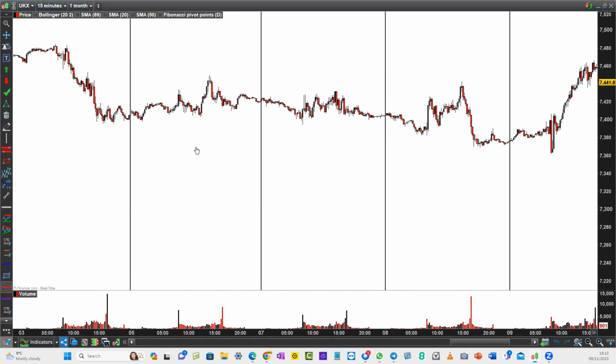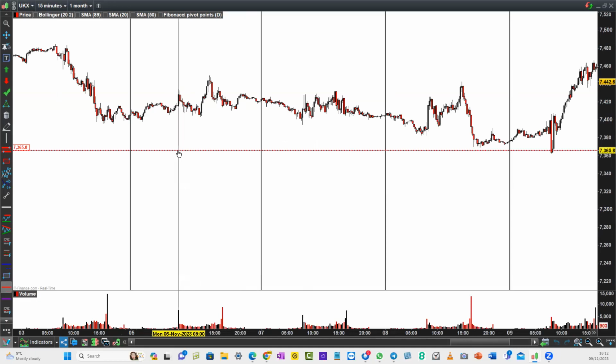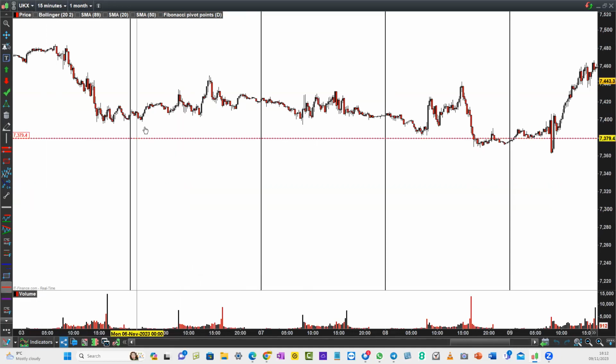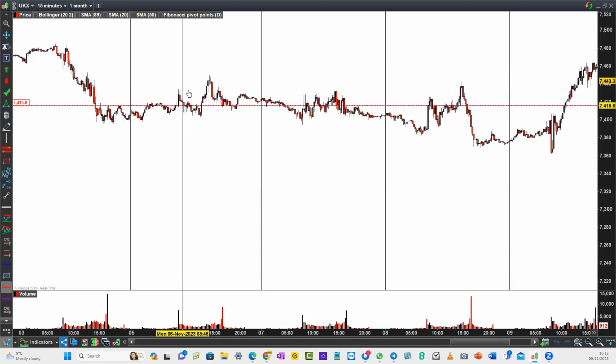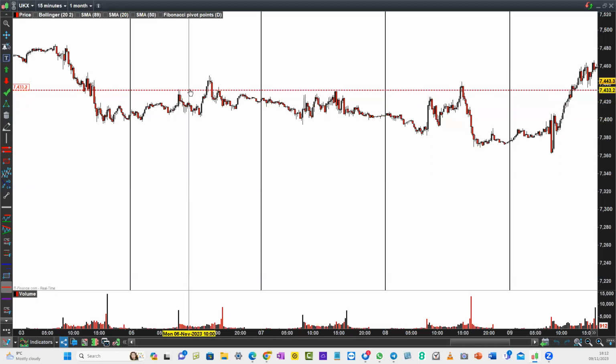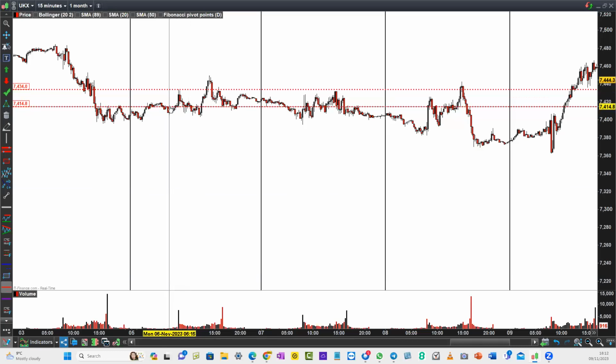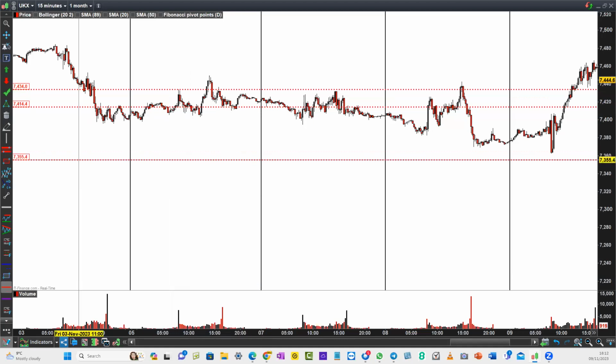And let's see how the FTSE's performed in relation to Monday. So this is the open range on the FTSE. That's the high, 74.35, and the low was about 74.15. Let's zone that.